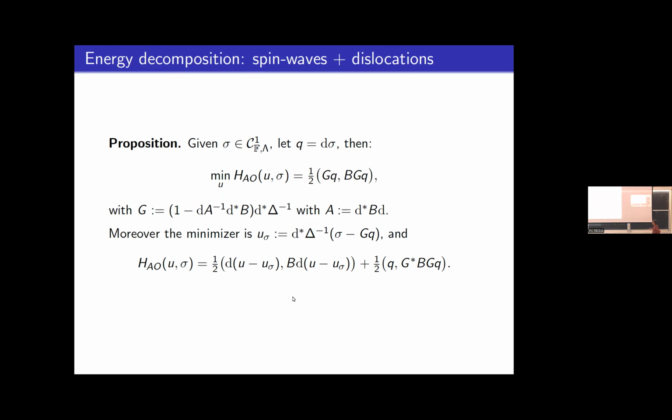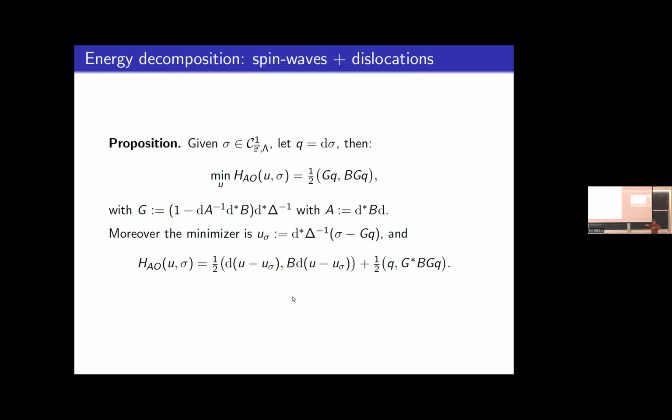So the minimizer is also explicit. It looks like this. And more in general, this is, if you like, a corollary of this more general identity that allows one to decompose the Ariza-Ortiz Hamiltonian as a part that depends purely on U. It's not purely on U because it depends on U minus U sigma, and U sigma contains the slip field.